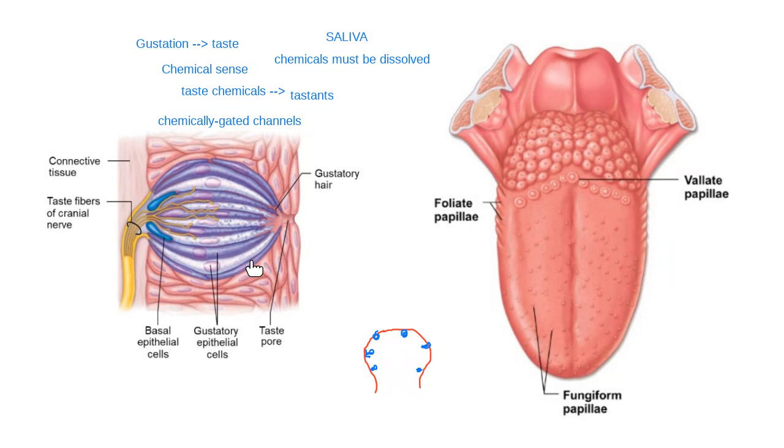The way that you figure out exactly what you're tasting is by doing our favorite neuron word, integration. When we're talking about tasting, we're integrating sweet, sour, salty, umami, my personal favorite.